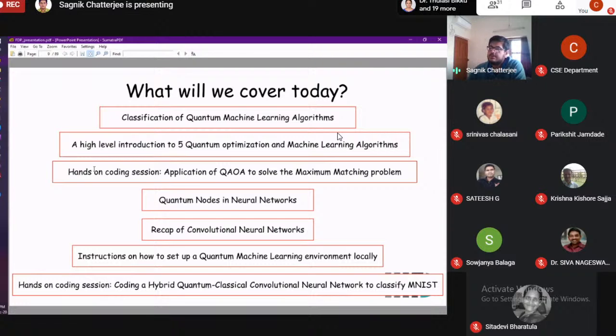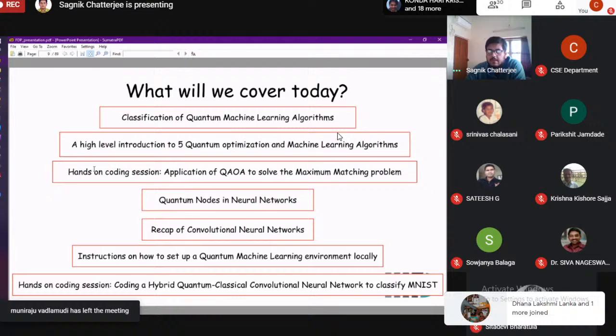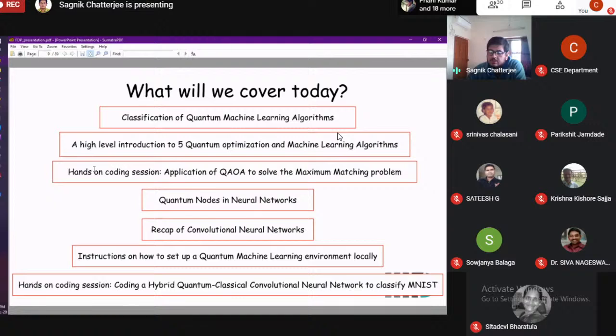But first, before starting with classification of quantum machine learning algorithms, the first question we might ask ourselves is why do we need quantum machine learning algorithms? What's the use of having quantum machine learning algorithms? Because as we all know, deep learning is already at a stage where we cannot explain everything in detail. It's very complicated to actually map out how your neural network parses the data.